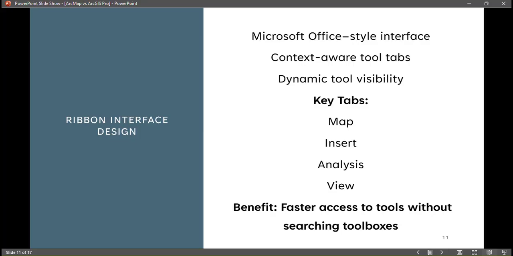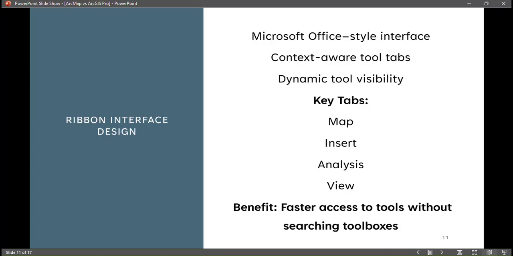The ribbon interface design. It has a Microsoft Office-style interface, with context-aware tool tabs and dynamic tool visibility. The key tabs in ArcGIS Pro are the Map, Insert, Analysis, View, and Imagery tabs.